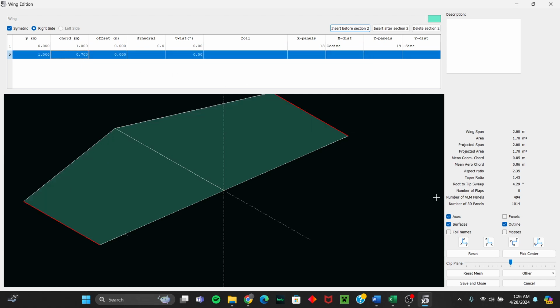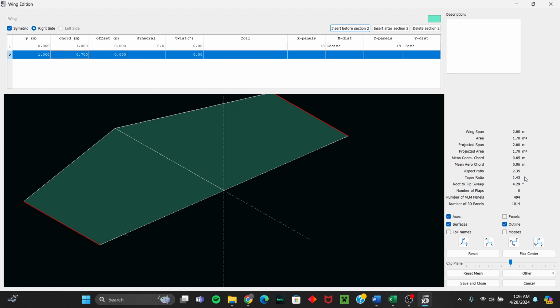Now, as you can see, in this program the taper ratio is backwards. Instead of having CT over CR, it has CR over CT. So it kind of messes it up and puts it as 1.43 instead of 0.7.